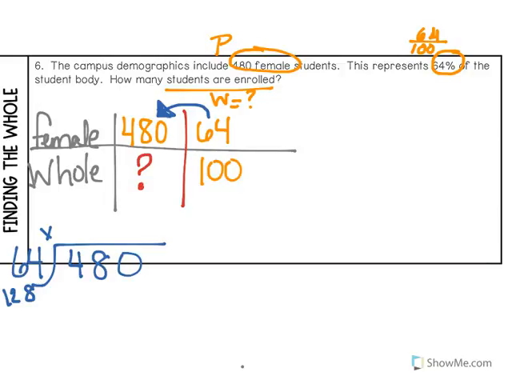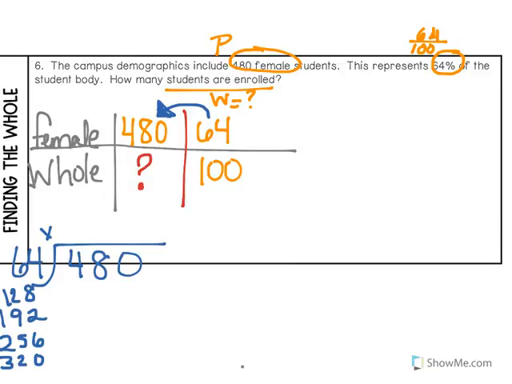Add another 64, and I get 192 plus 64. That'd be 256 plus 64. 320 plus 64.